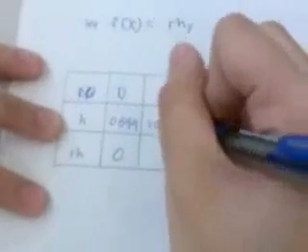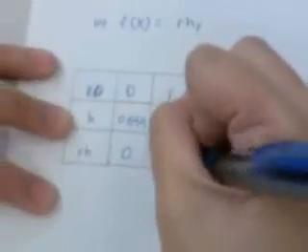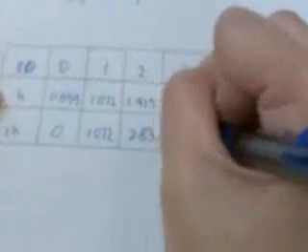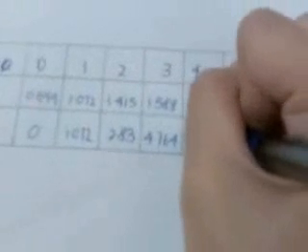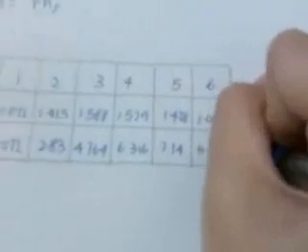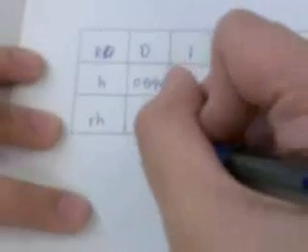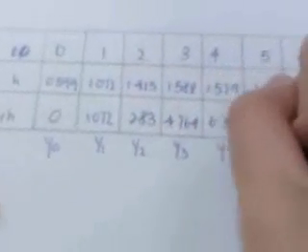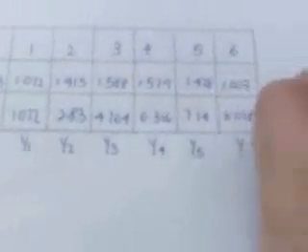To get the value of RH, we multiply 0 with 0.599, which gives you 0. For the second value, you multiply 1 with 1.07 to get 1.07. And you continue the same for the rest. These are the values for Y0, Y1, Y2, 3, 4, 5, and 6.